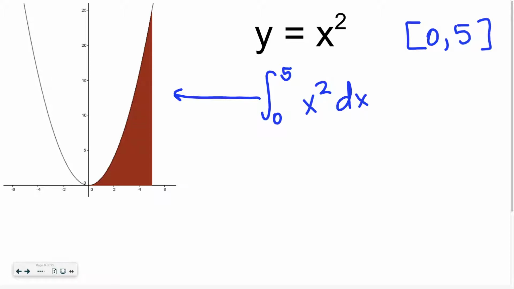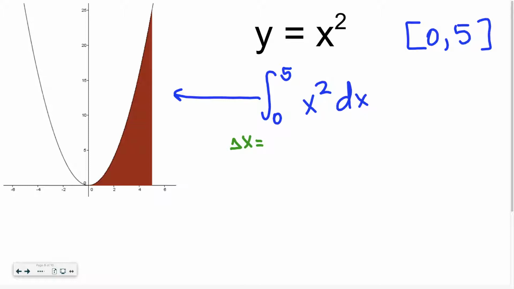Okay, so when we did our rectangles, the first thing we determined was what? Okay, usually they gave us n, right? And then with n, we could find delta x. N just gets to stay n in these Riemann sum problems, but we can figure out with n what our delta x is.